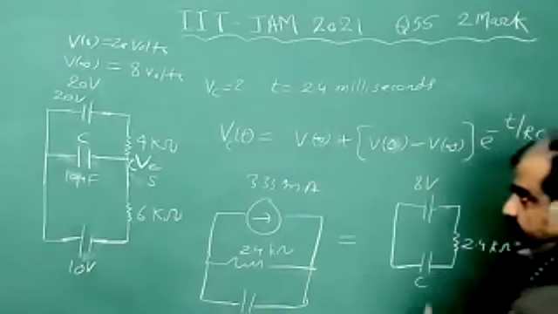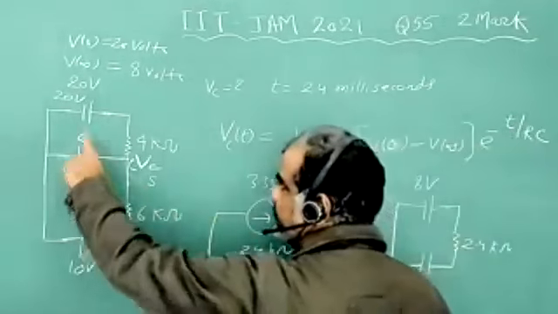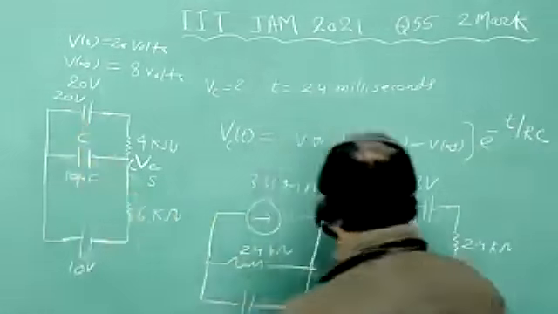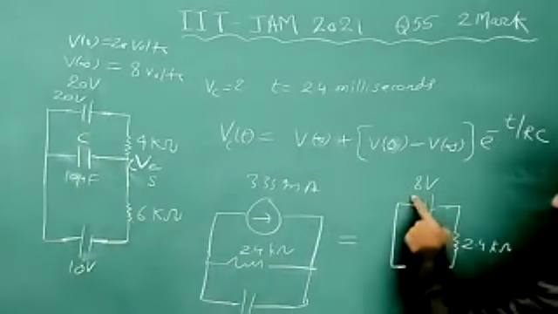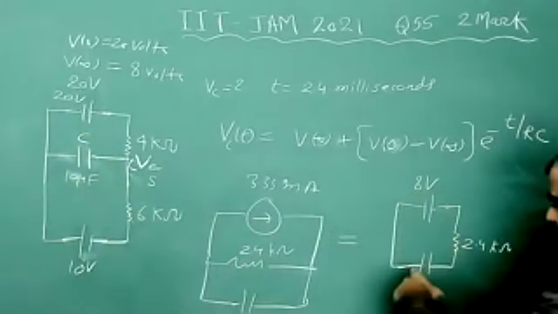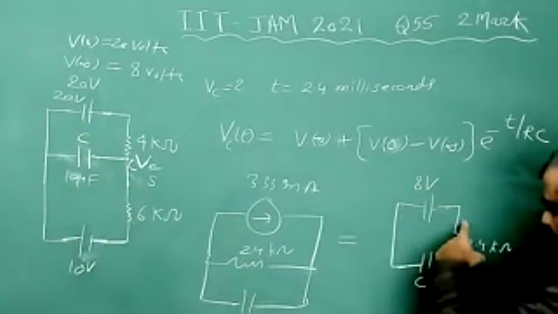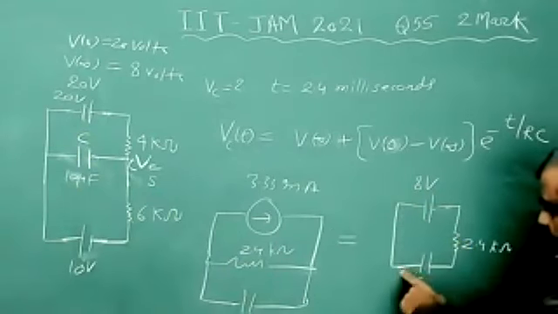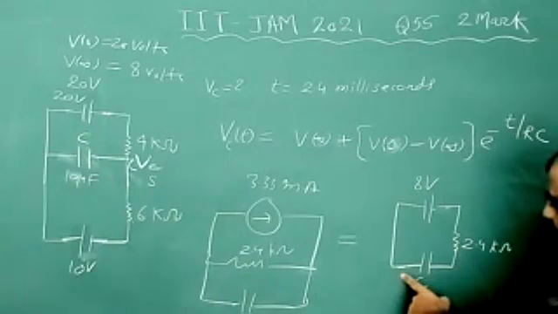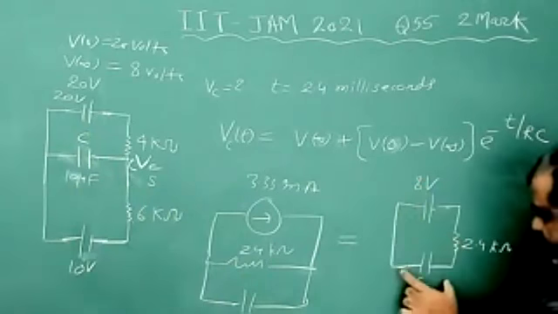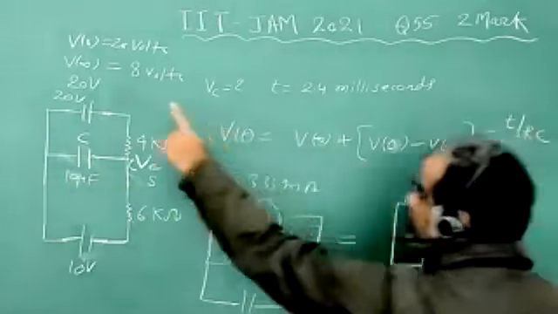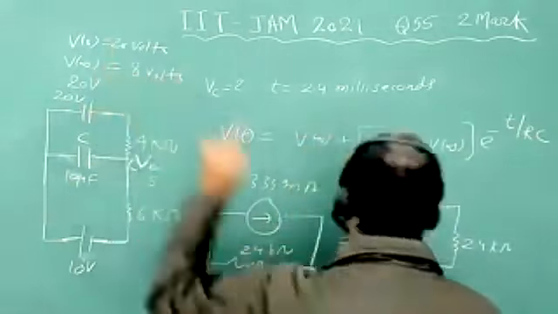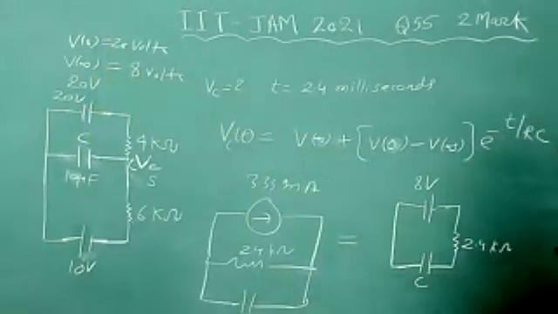We know from here that the voltage across this capacitor was 20 volts. Similarly, at the final stage the voltage across this C will be 8 volts, because this capacitor will charge up to 8 volts and then there will be zero current. So this will behave like an open circuit, and all the voltage will be across this C. Now V0 is 20, V infinite is 8 volts.